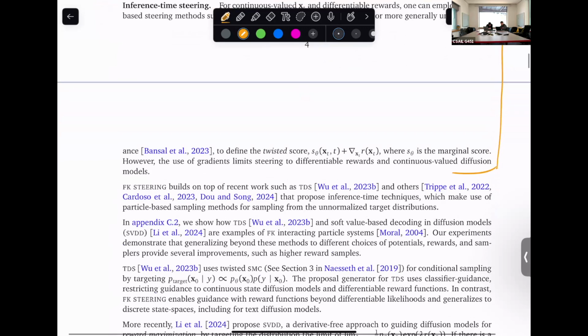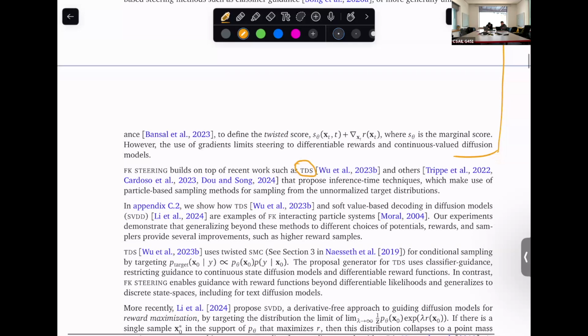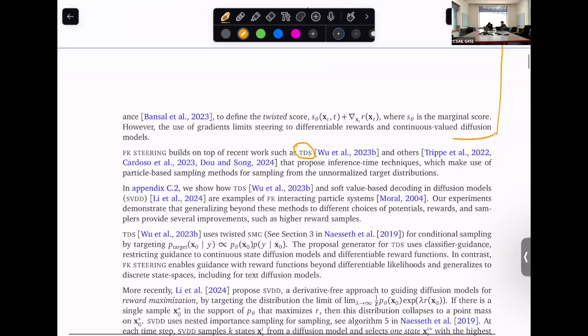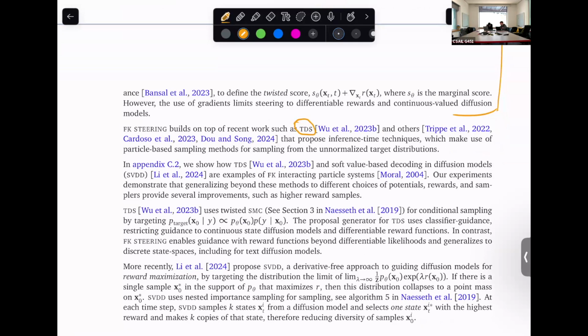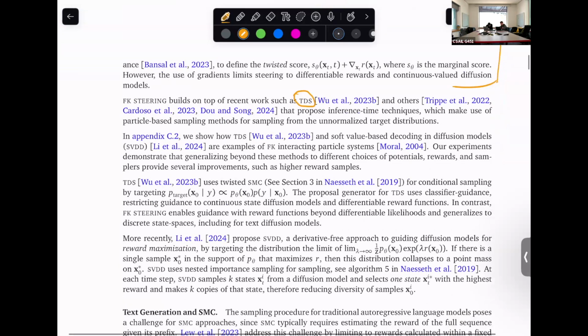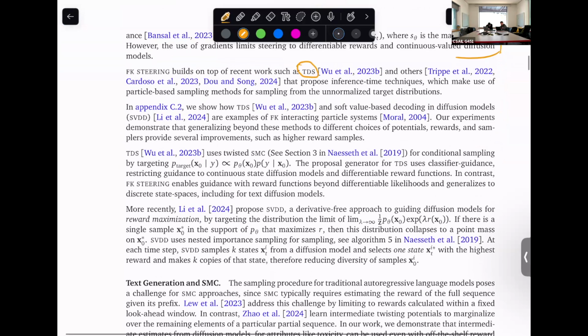And then here, the twisted diffusion samplers. Maybe we should talk about that more. I think it makes sense to just talk about what FK steering is, and then talk about TDS as a special case of this, rather than bring up all the machinery of TDS and then discuss FK steering after that. One of the contributions of FK steering is that they lay out a unified design space for the construction of these SMC-like samplers, of which, if you plug in a special case, the claim is that you get TDS.